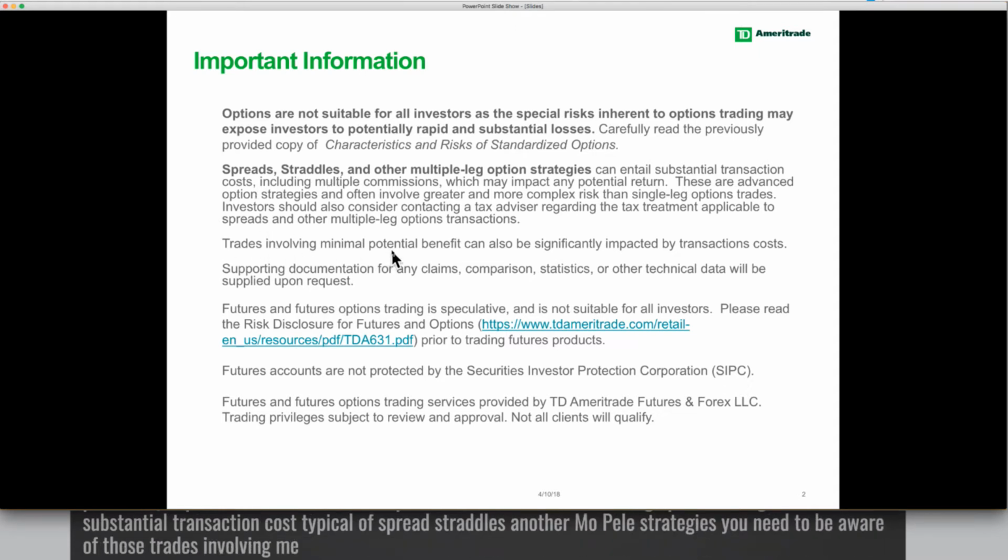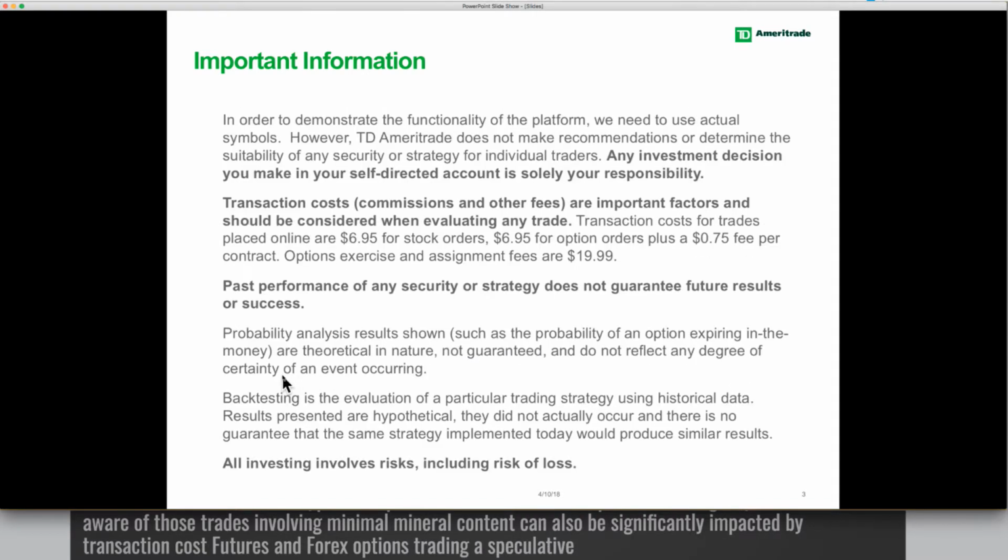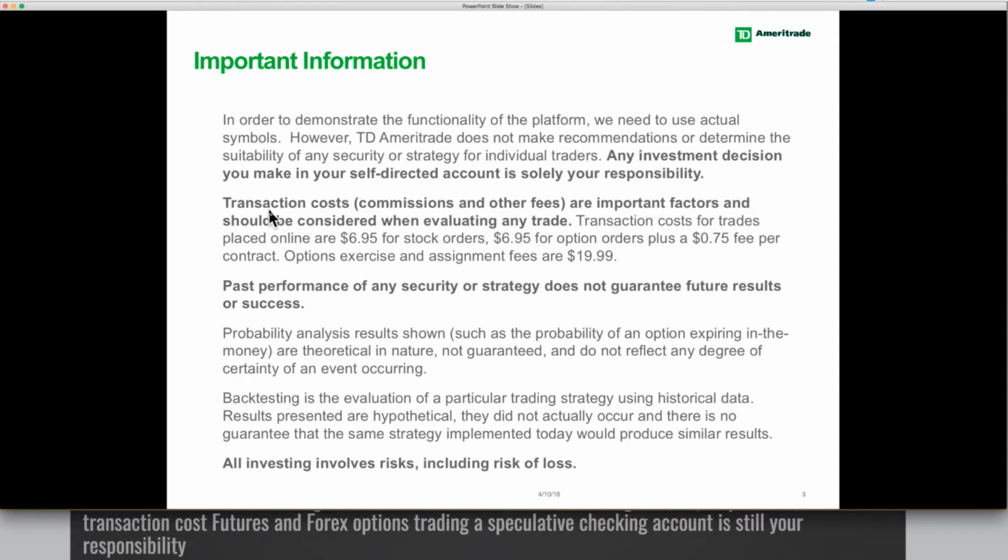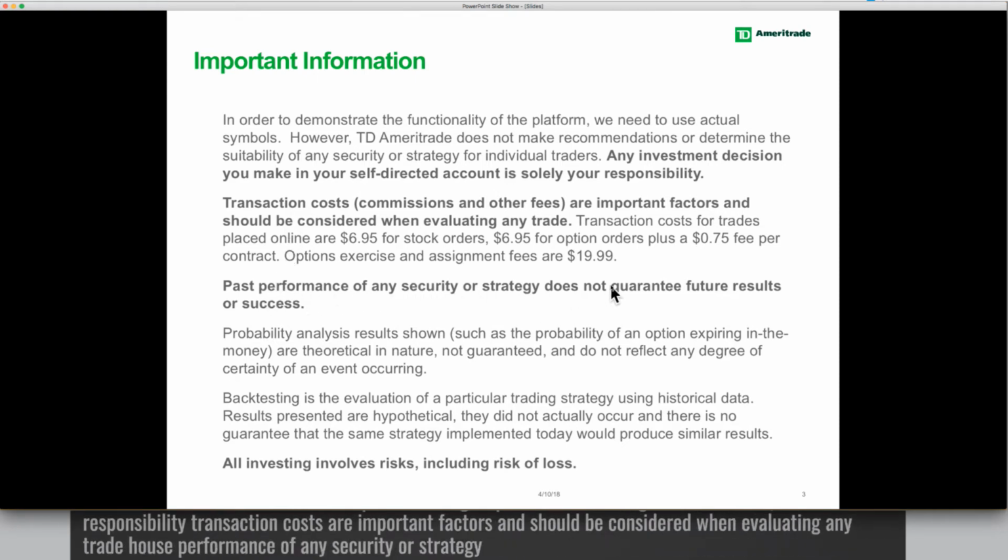Trades involving minimal potential benefit can also be significantly impacted by transaction costs. Futures and Forex options trading is speculative. Any investment decision you make in your self-directed account is solely your responsibility. Transaction costs are important factors and should be considered when evaluating any trade. Past performance of any security or strategy does not guarantee future results or success. All investing involves risks, including risk of loss.